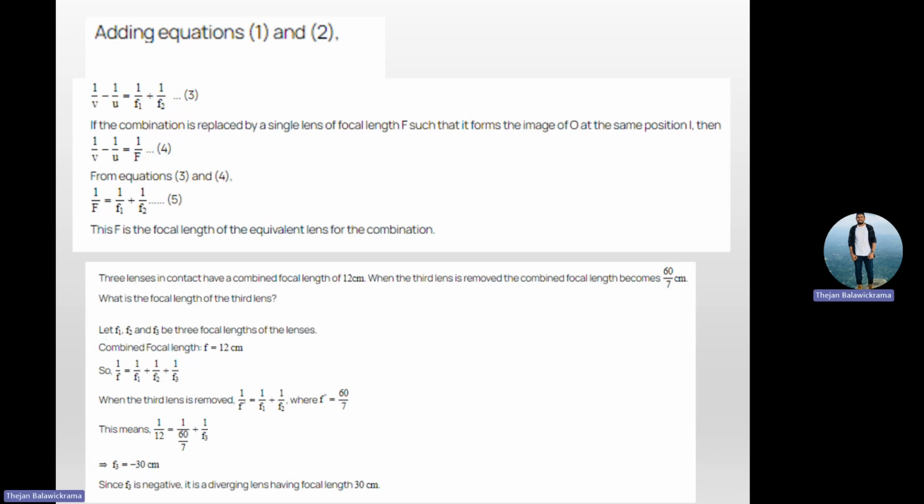That means a diverging lens. It should be a diverging lens with a focal length of -30. And on the answer.